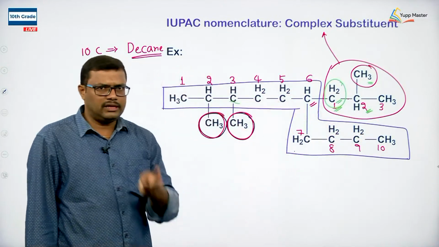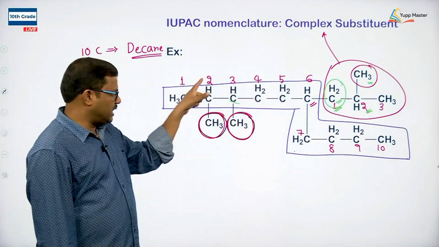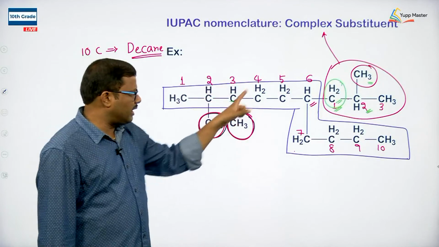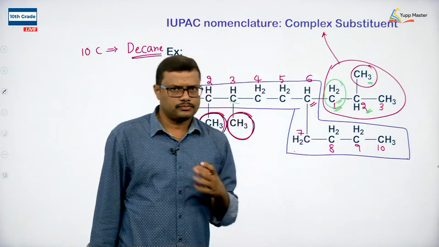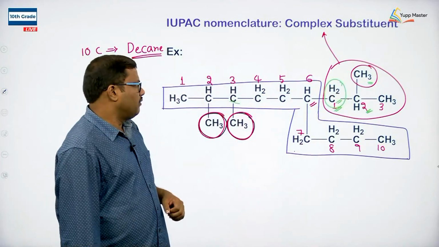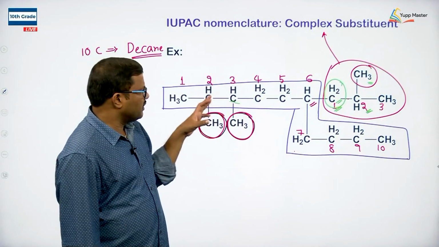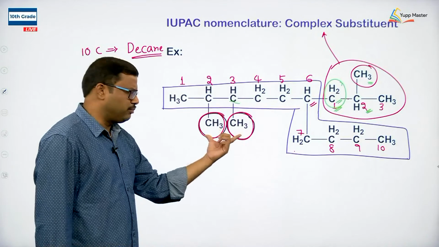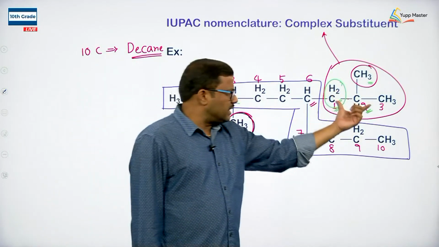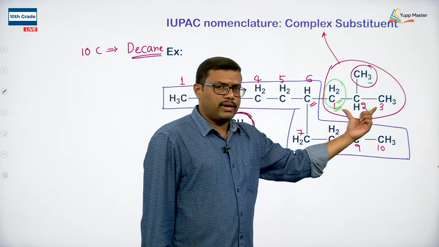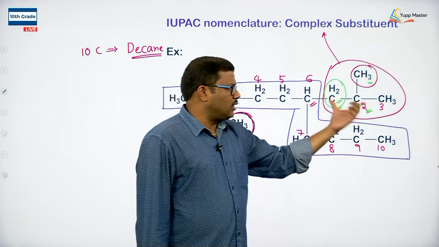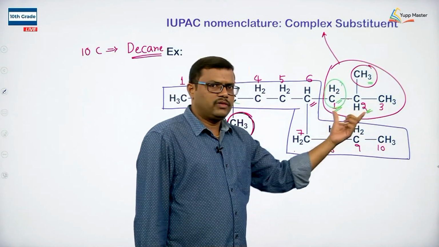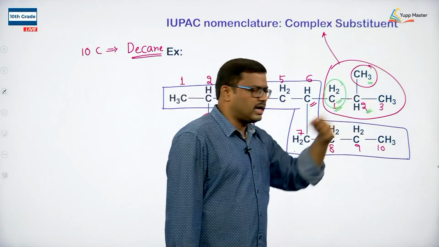So if we observe, we have a parent chain. On this parent chain we have 3 substituents, at second carbon atom, at third carbon atom, at sixth carbon atom. Now when you observe the substituents, here we have methyl and methyl, so they are simple substituents, but at sixth position we have a complex substituent. So in order to name that complex substituent, we have to number its carbon atoms.